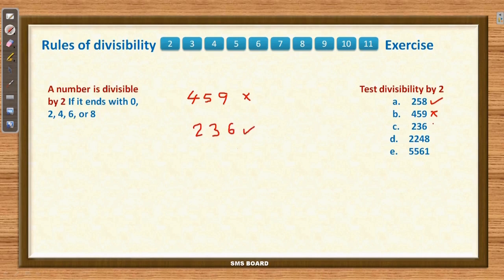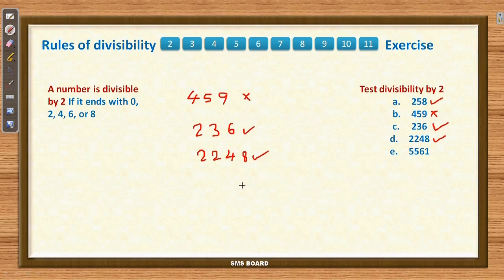Now 2248. This number ends with 8. So this also is divisible by 2. A number is divisible by 2 if it ends with 0, 2, 4, 6 or 8. So this number is divisible by 2.